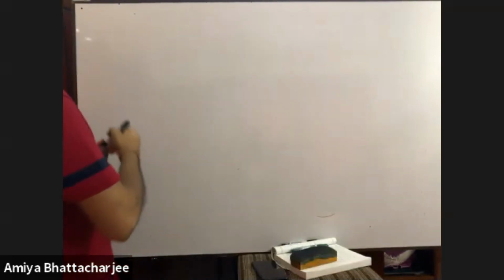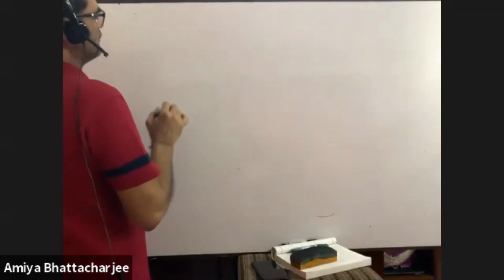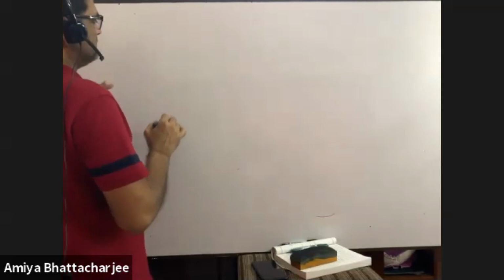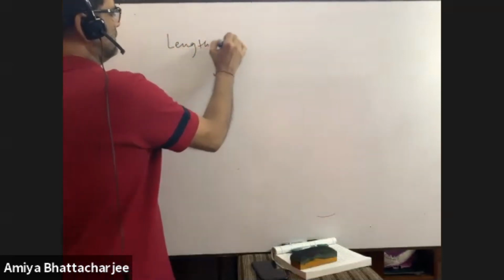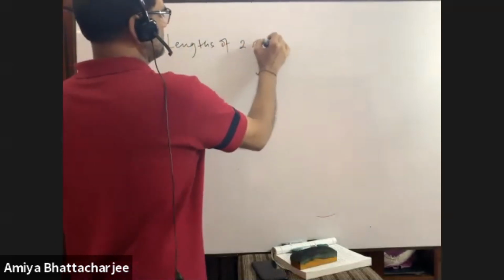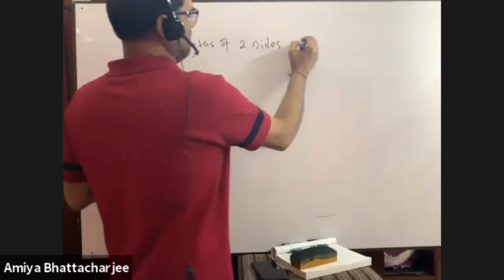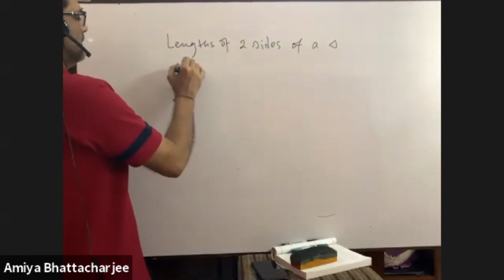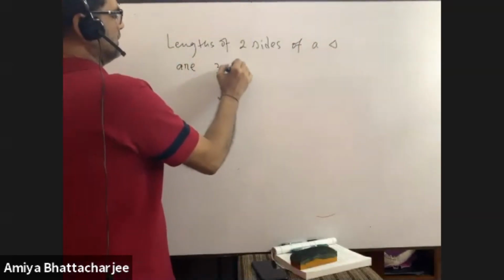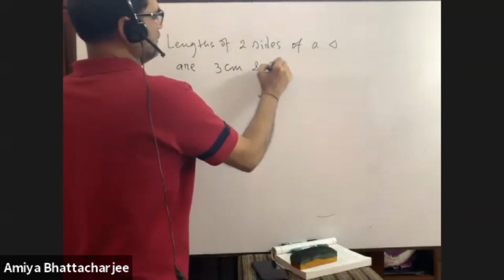Now you see, the lengths of two sides of a triangle are 3 centimeter and 8 centimeter.